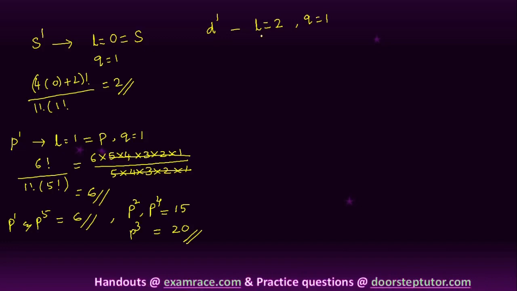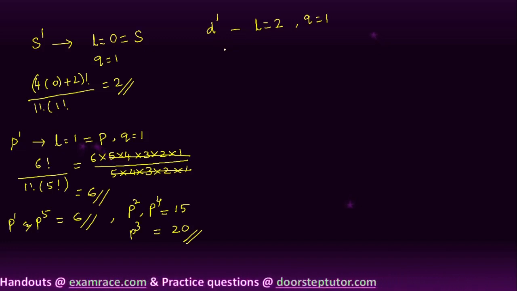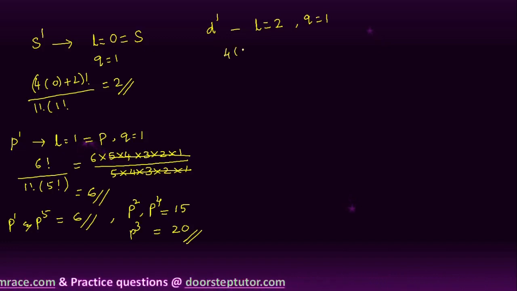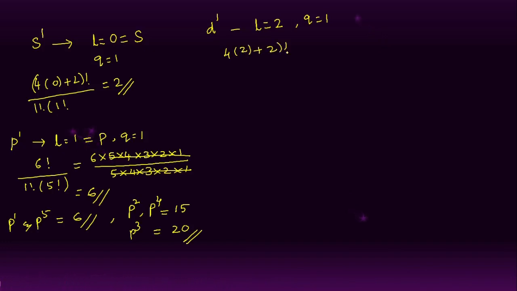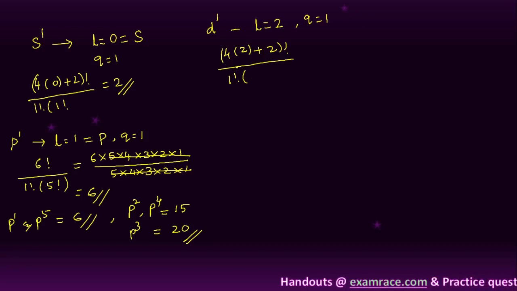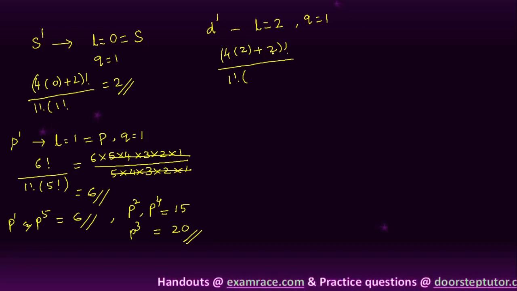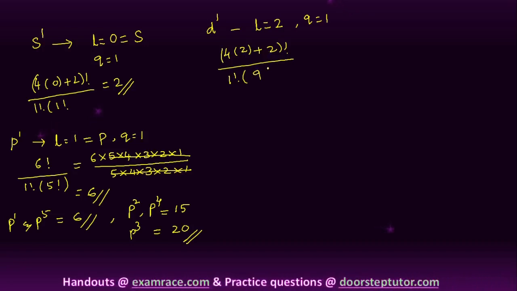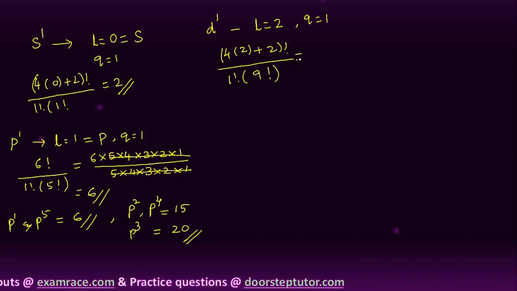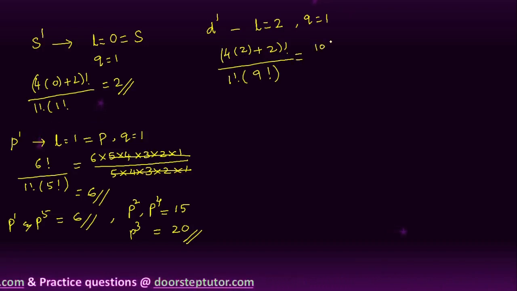By using the formula, substitute 4 into 2, 8 plus 2, that is 10 factorial divided by 1 factorial into (10 minus 1) factorial, that is 9 factorial.